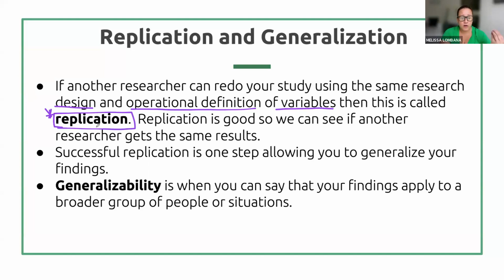And then we go to generalization, and you may want to put this under replication. Generalization is basically that we can apply this information to a big group of people in our population.